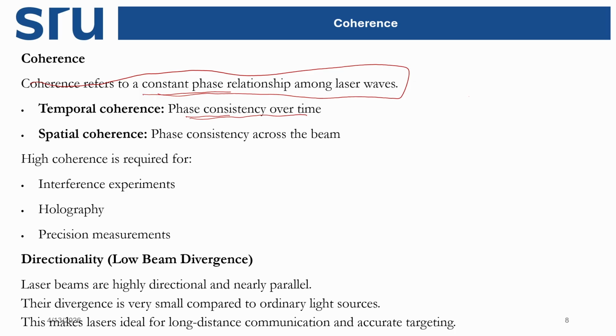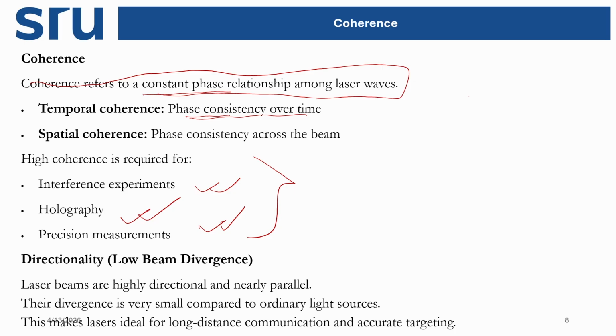Across the beam there should not be any change; it will be constant. That is called spatial coherence. Why is it required? It is required for holography, interference experiments, and precision measurement. These are very essential criteria for the coherence property.